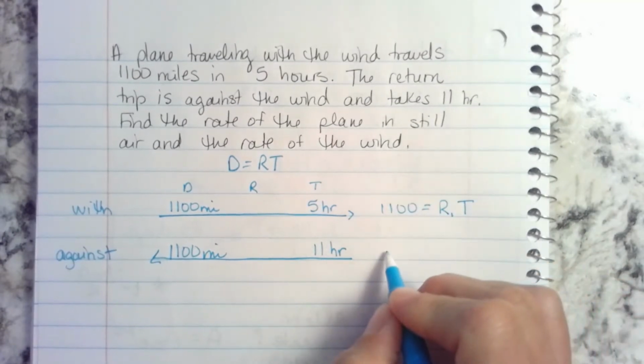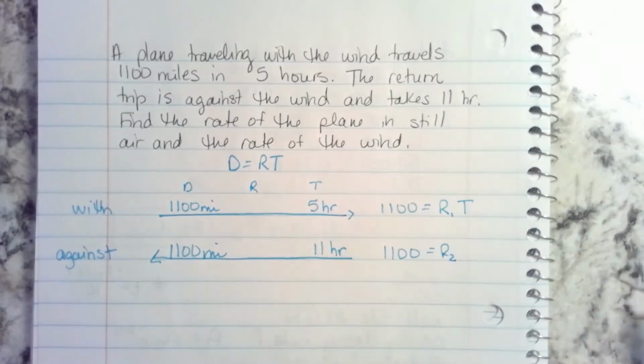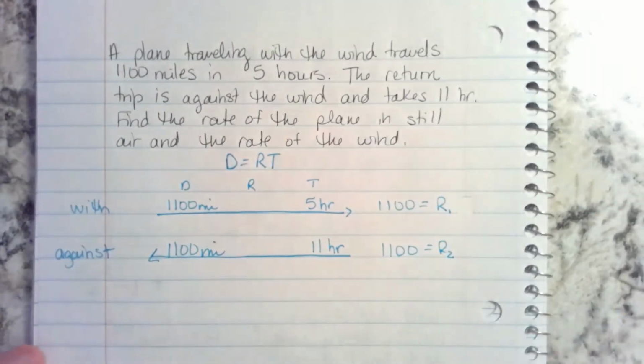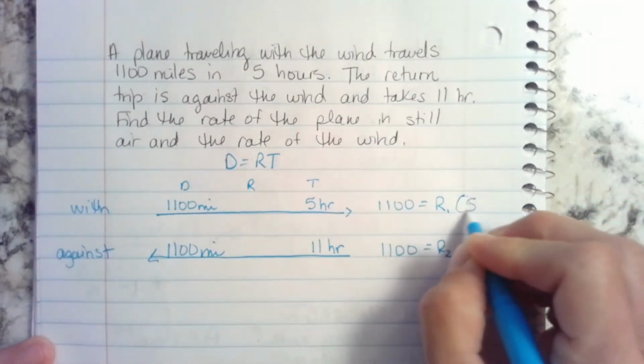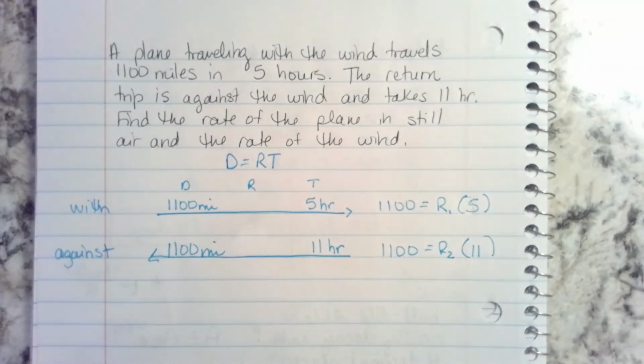And this means distance equals rate times time. That's supposed to be 5 hours. And this one's going to be 11 hours. So how does this help us at all? What does R actually mean in this case?